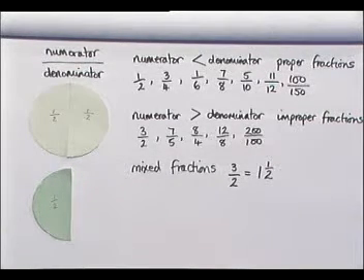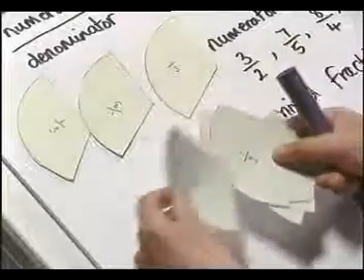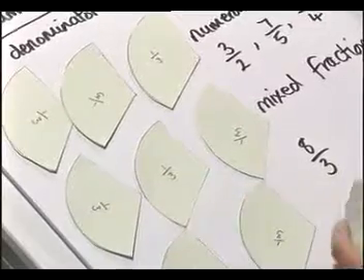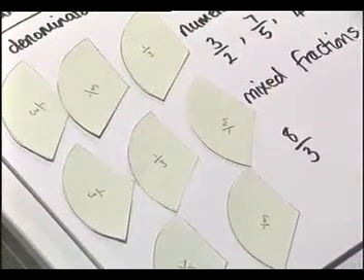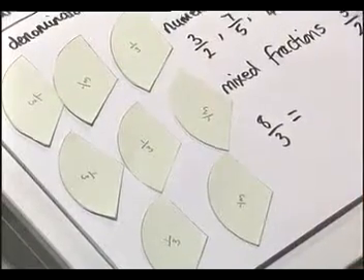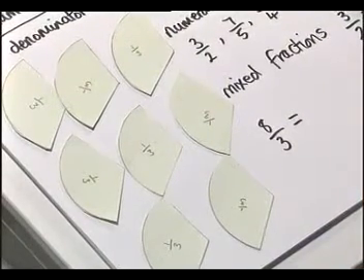Let's have a look at another example. Let's say we had 8/3. Let's count out 1, 2, 3, 4, 5, 6, 7, 8/3. How else can we write that? How do we write that as a mixed fraction?